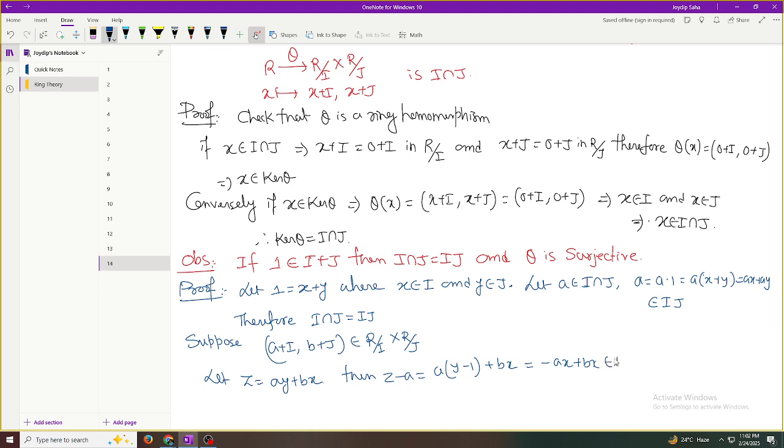That belongs to I, as 1 equals x plus y, x belongs to I, y belongs to j. This implies z minus a belongs to I. This implies z plus I equals a plus I. This is from the quotient ring.